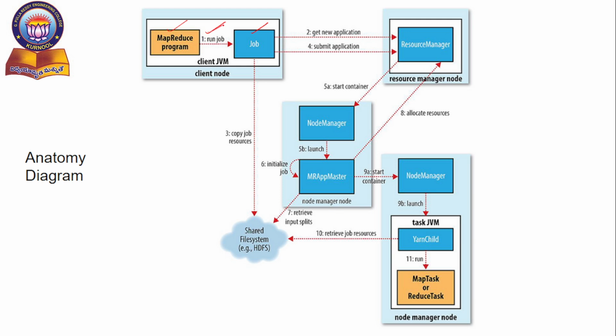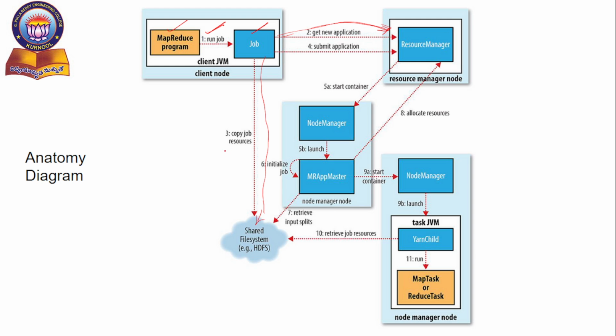The first step is run job, and the second step is that it gets an application from the resource manager. For running a job we need an application, and that will be available with the resource manager. So now the client node requests a new application. Once it has been given by the resource manager, the job again contacts the shared file system where the resources are available.